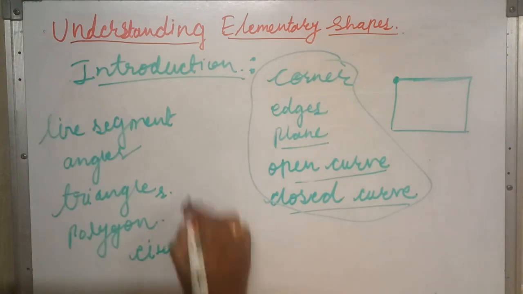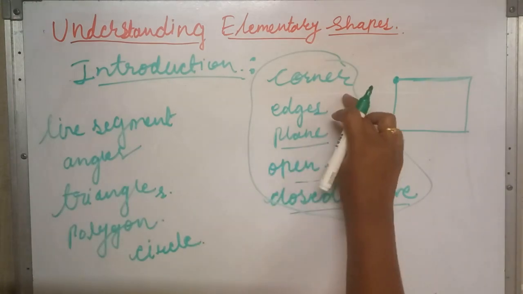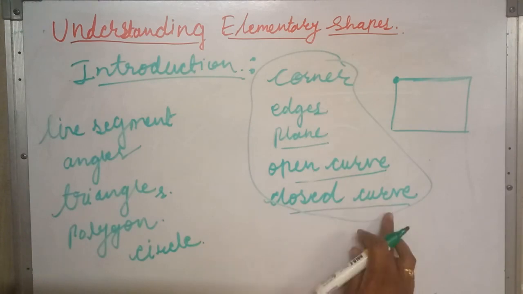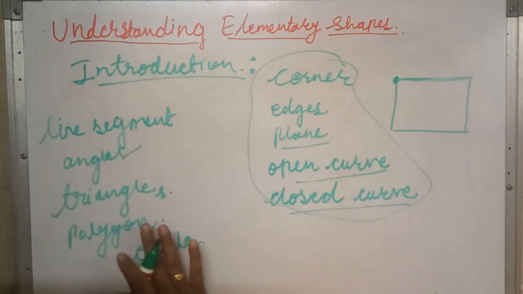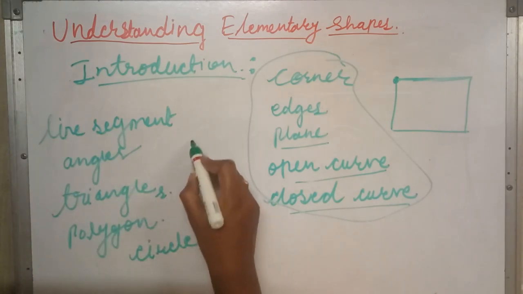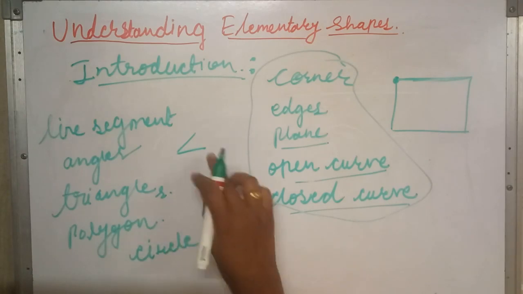We have discussed all this, and all these shapes are made up of corners, edges, plane, open curve and closed curve. If you see, these are all closed curves except line segment and angle, because these are open shapes like this.